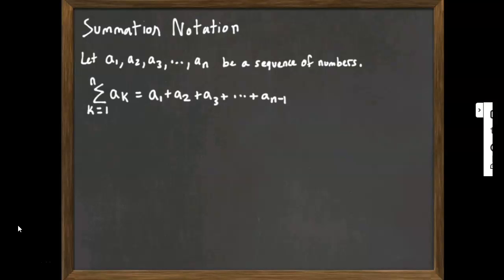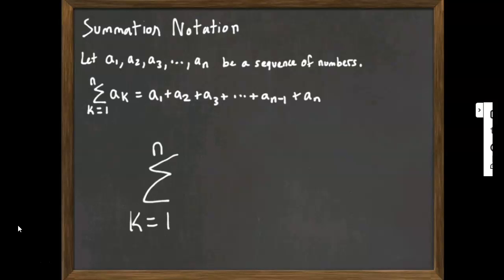Then the sum, which looks like an E, that's actually the capital Greek letter sigma, of AK, that's usually our sequence describer, as K goes from 1 to N. What that notation means is you start with K equals 1, that would be A1, plug in 1 for K, then you add on, you plug 2 in for K, and 3 in for K, and so on, all the way up to the very last term, A sub N.